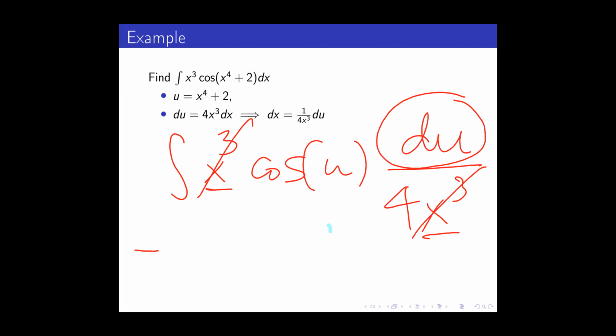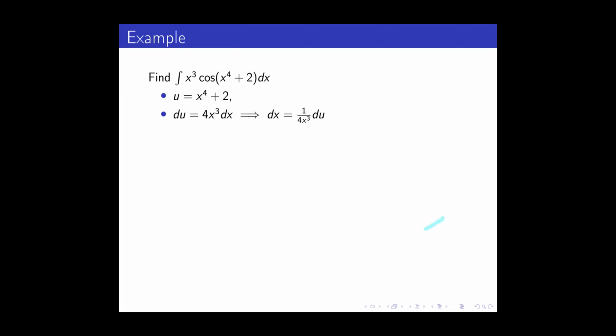So you get cosine u over 4, and the antiderivative is just sine u over 4. So always convert to du first. And then you have to make sure that after that, you can take care of all the x in the integral, so there are no x left.